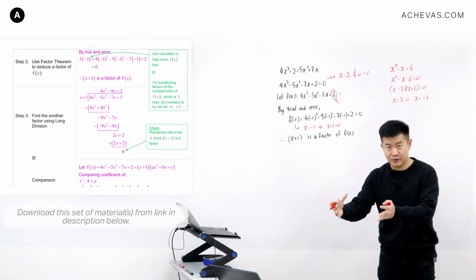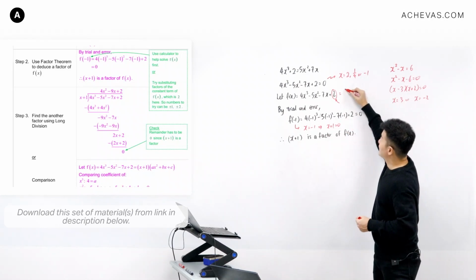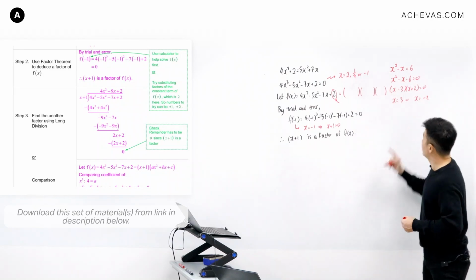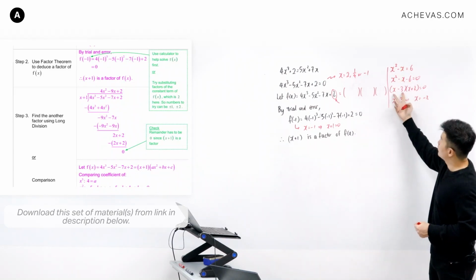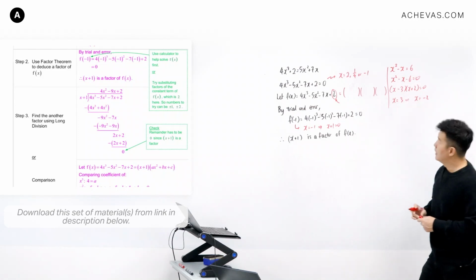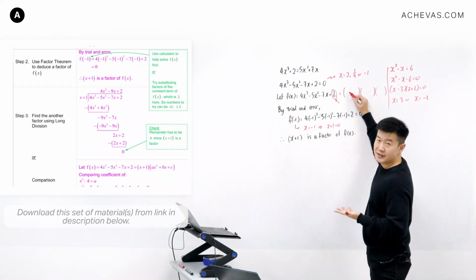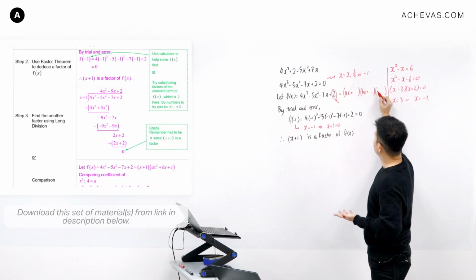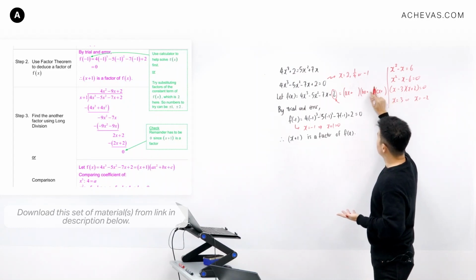Every root is going to give you a factor. So we will be expecting 3 factors, something times something times something. Like this, to the power of 2, we're expecting 2 factors, this times this. And for this, it is going to be something like ax plus some number, then bx plus some number, then cx plus some number.